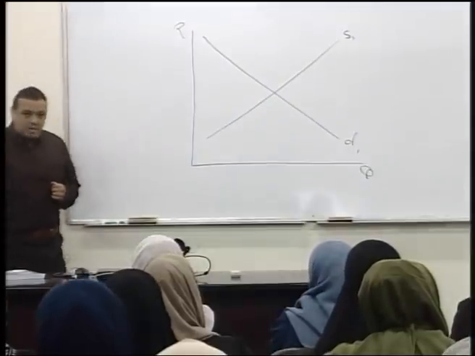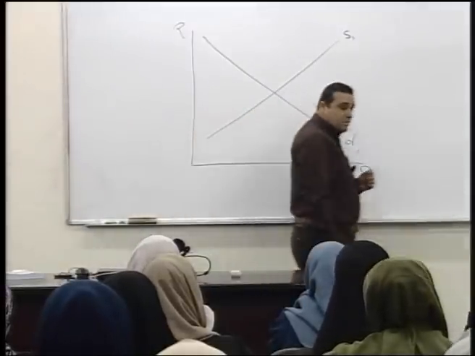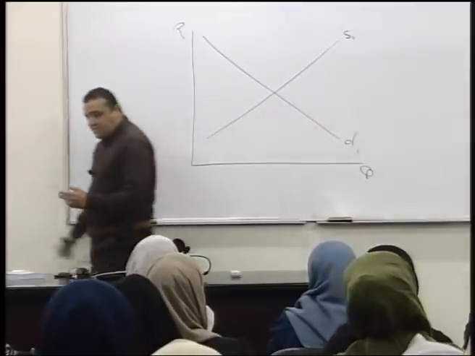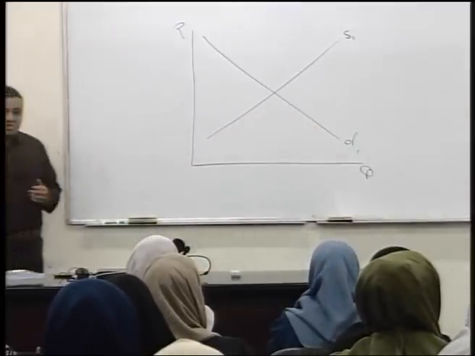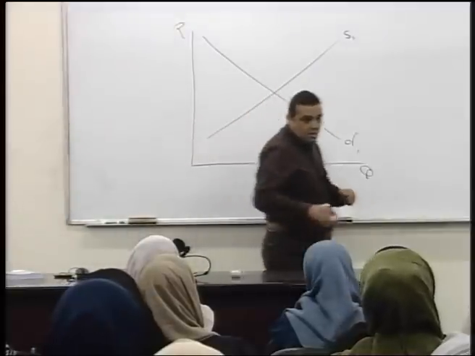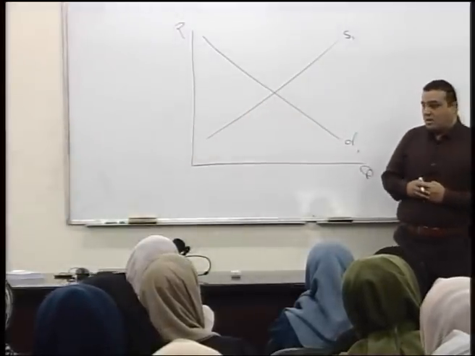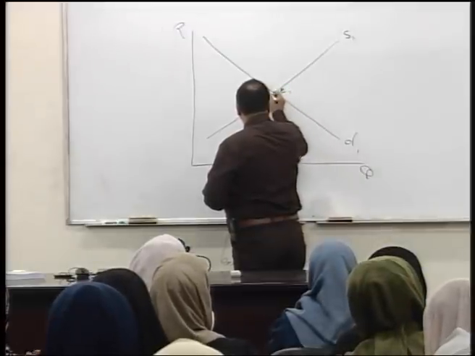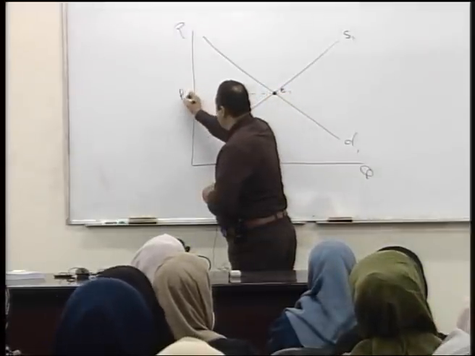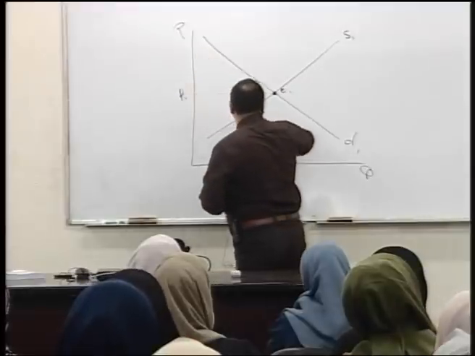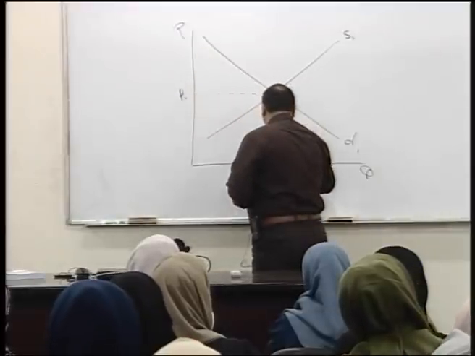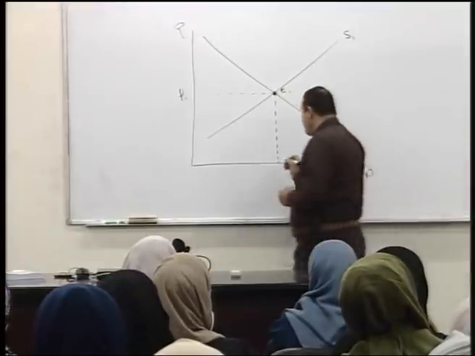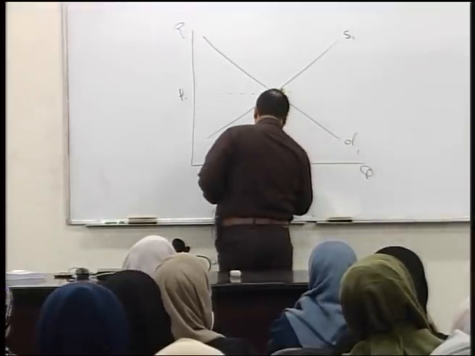And let's talk about the demand for shirts, or trousers, or shoes in the local market. So this is the equilibrium point 1, and this is the price P1. Here we're talking about the demand and supply for shoes, quantity 1.